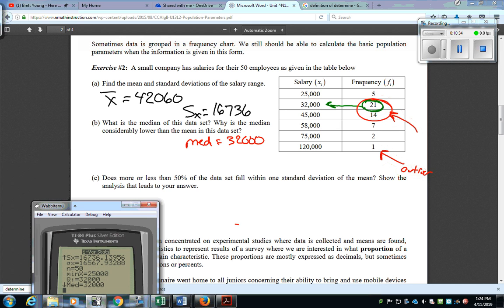And in the case of Part C, does more or less than 50% of the data fall within one standard deviation? Well, let's take that mean, and we're going to subtract the 16,736.